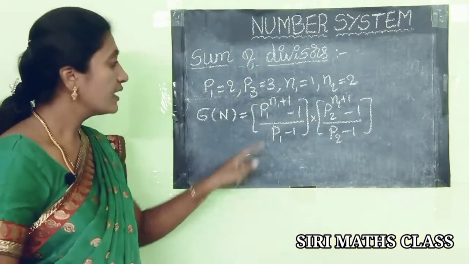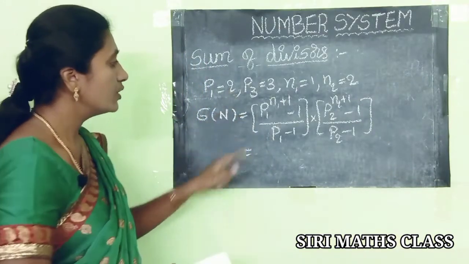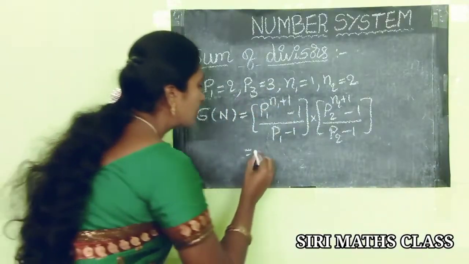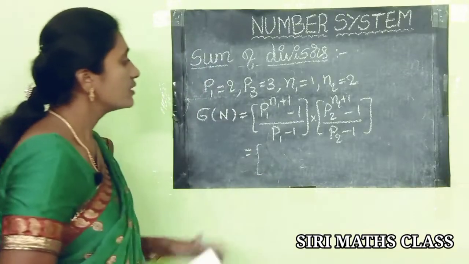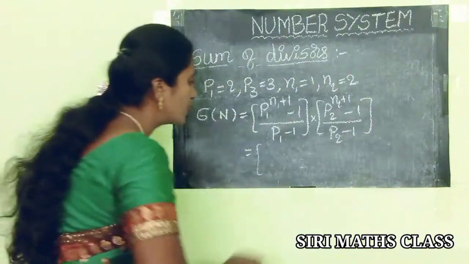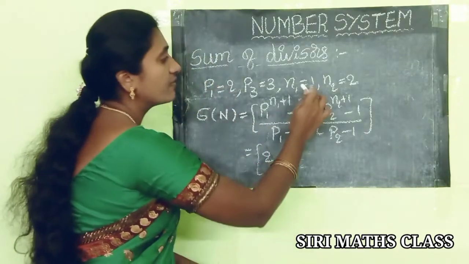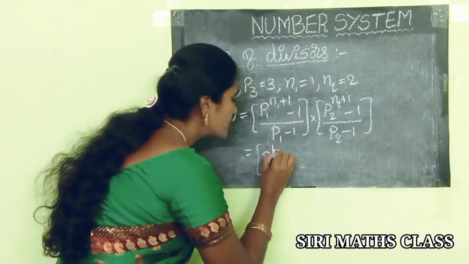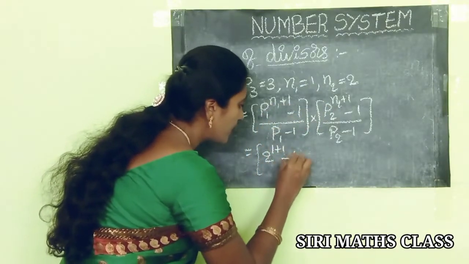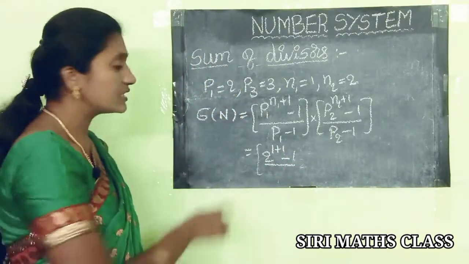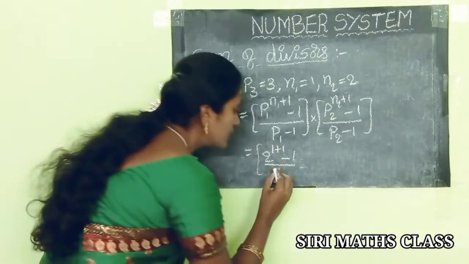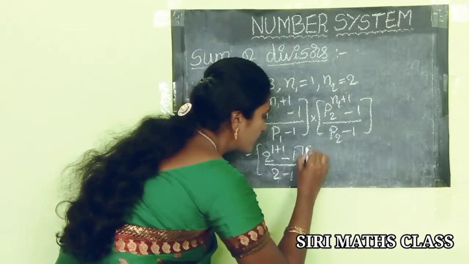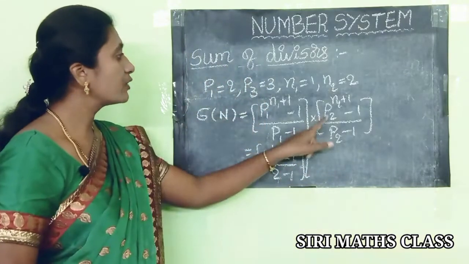See here, P1 value is 2. So in the P1, P2 places we can substitute these values. P1 value is 2, and n1 value is 1, so n1 plus 1: 2 to the power of (1 plus 1), minus 1, by what is the P1 value here? 2, so 2 minus 1, into, what is the P2 value here?